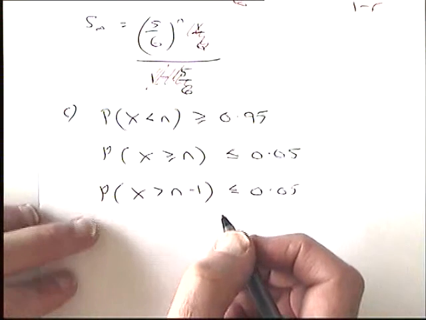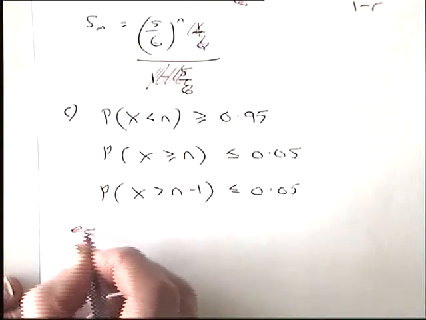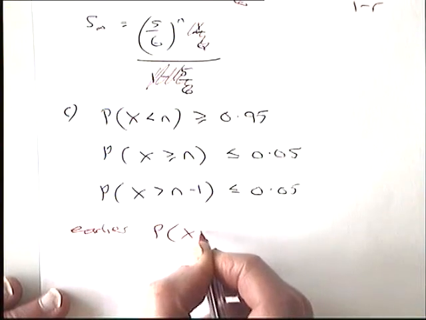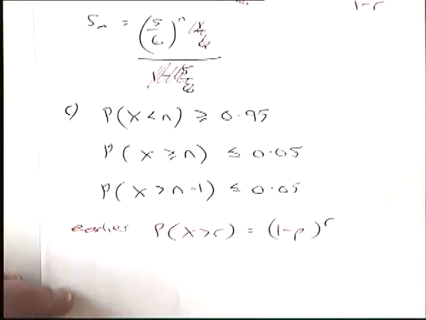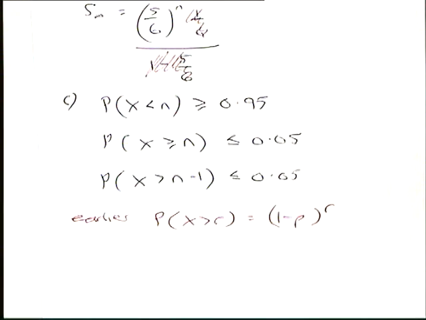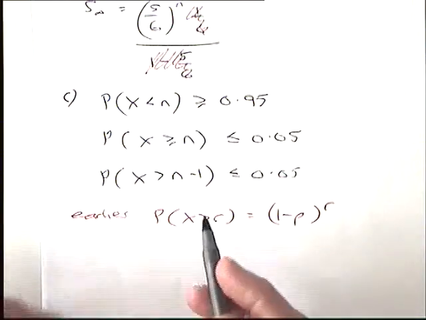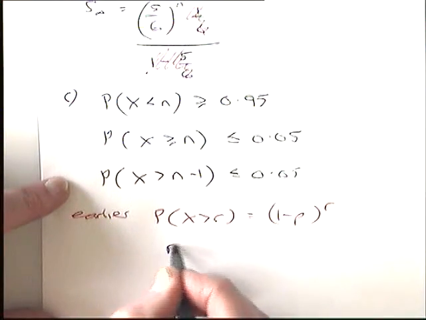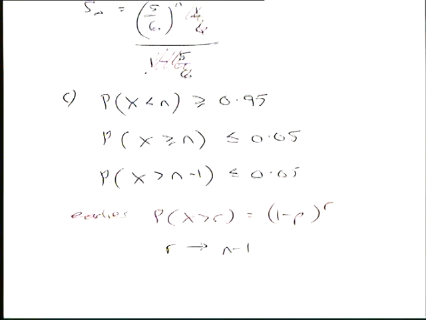And where today have we had a red box rule that was fairly similar to this one? We had a red box rule from earlier that said the probability X is greater than r is (1 minus p) to the power of r. So if I use that here, I've just basically replaced r with n minus 1.